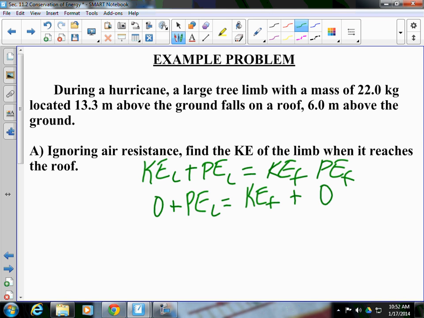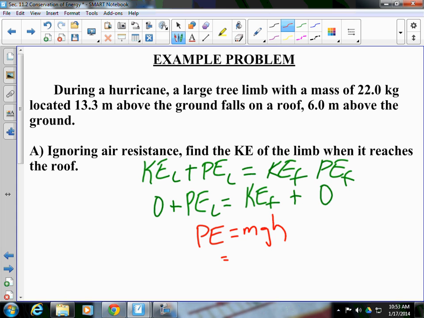We want to solve for the kinetic energy. Well, we don't know the velocity of the tree, but we know that PEi is equal to KEf because the other two were equal to 0. So if we solve for PE, that's also KE. PE is equal to mgh.